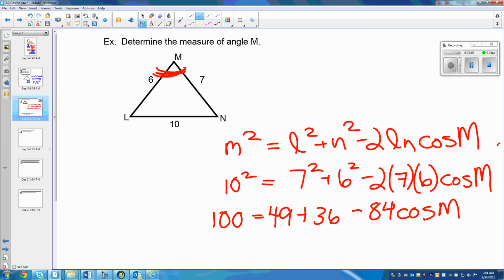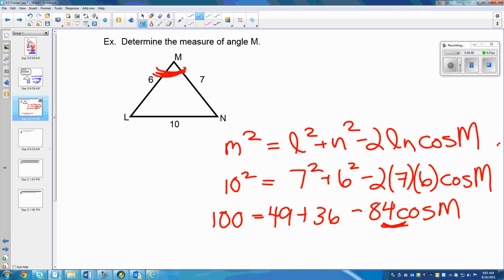Okay. Oh, he just said the error that everyone makes. He said 49 plus 36 minus 84. Okay. Why is that wrong? Because there's an 84 multiplying the cosine, so we can't touch that 84.